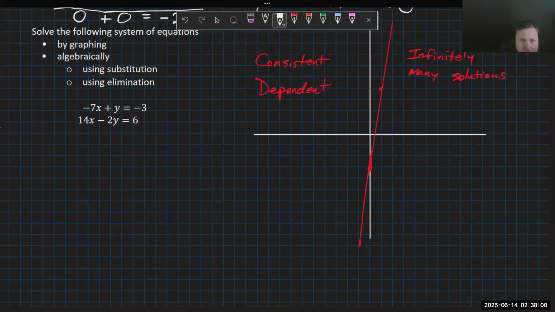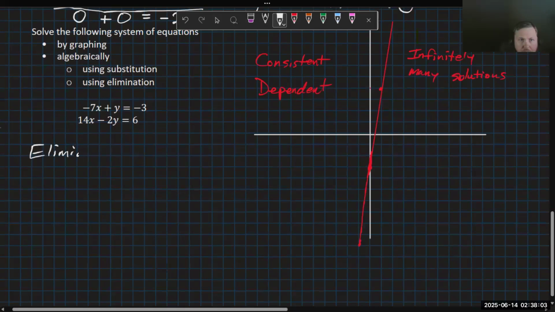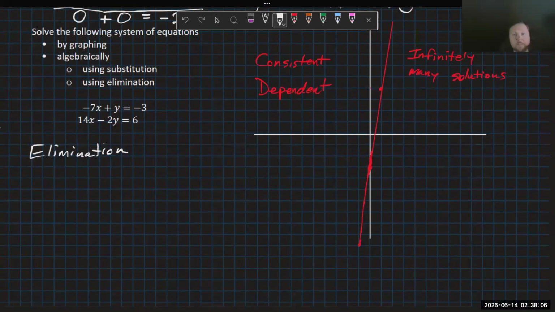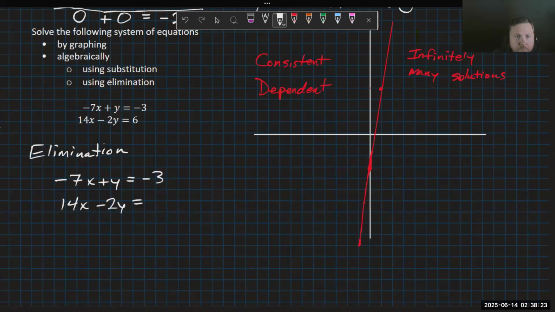Let's do this with elimination. Well, I've been hitting that first equation. Let's hit the second equation with something. So maybe I noticed that, oh, that 14x, if I multiply that by a half, then I can cancel out the negative 7.